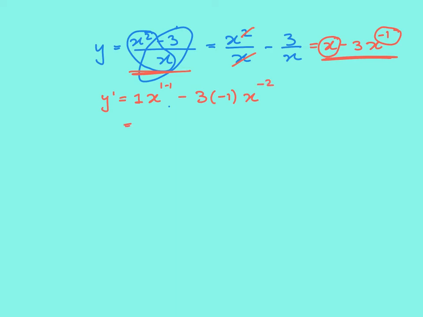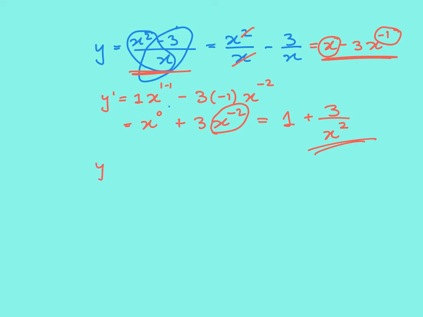Now what's happening here? 1 times x to the power 1 take away 0, negative 3 times negative 1 is 3, x to the power of negative 2, equal to x to the power 0 is 1, and plus 3. If we want, we can move this into the denominator in order to have a positive index. That would be the final answer for this question.